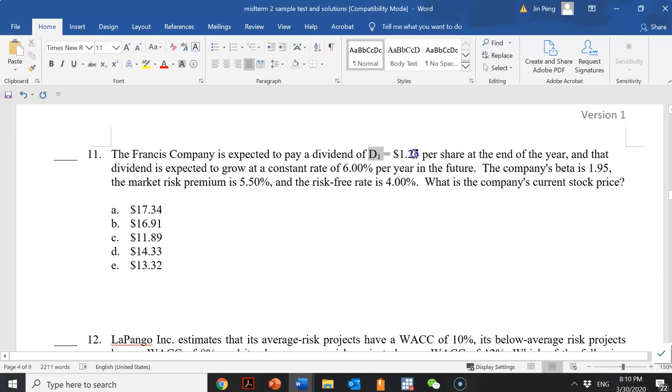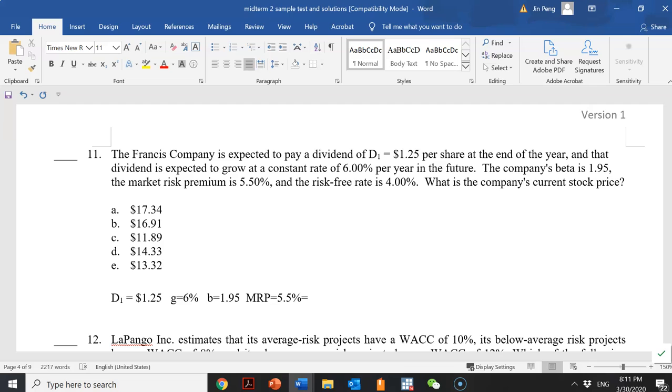So here we know D1 equals 1.25. We also know G equals 6%. We also know beta equals 1.95. Market risk premium equals 5.5%. What is market risk premium again?